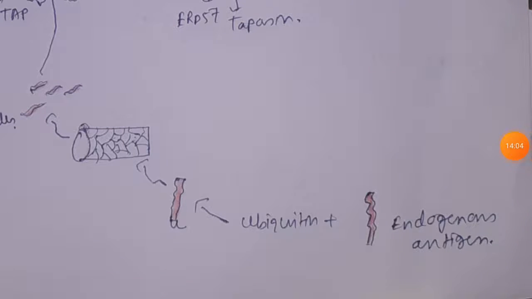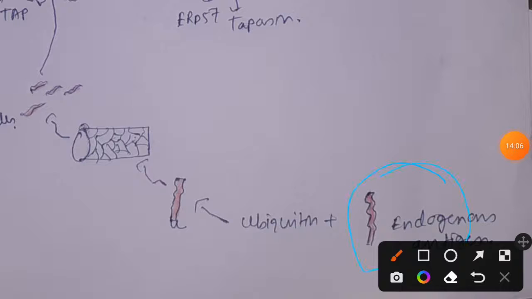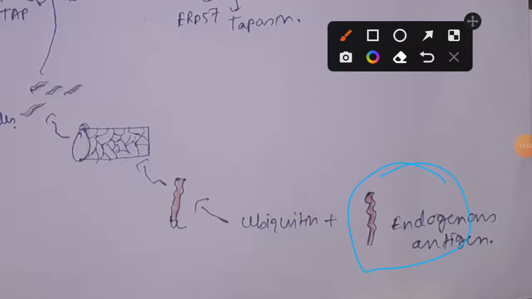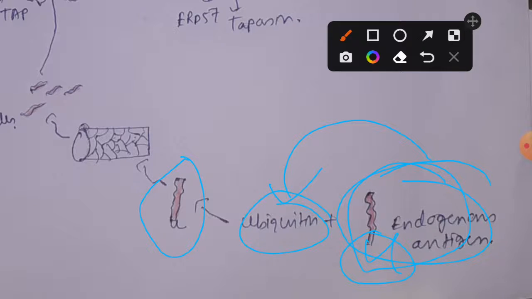So remember, the first step is complex formation, and this complex is between ubiquitin and endogenous antigen. Ubiquitin is a protein. When it forms a complex with the endogenous antigen, it facilitates its degradation by the proteasome.